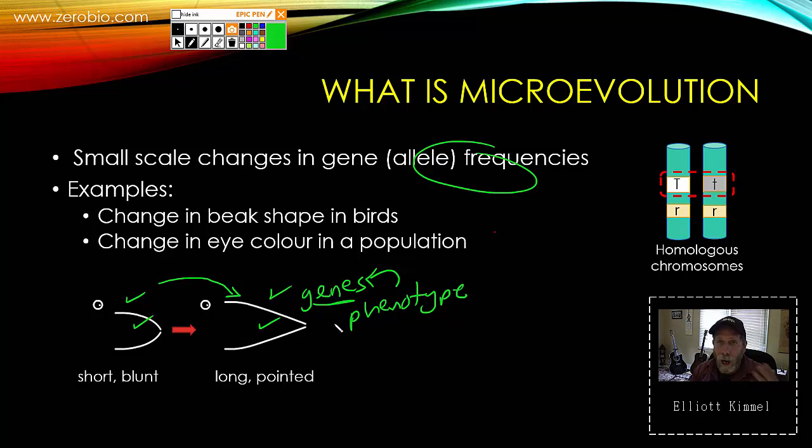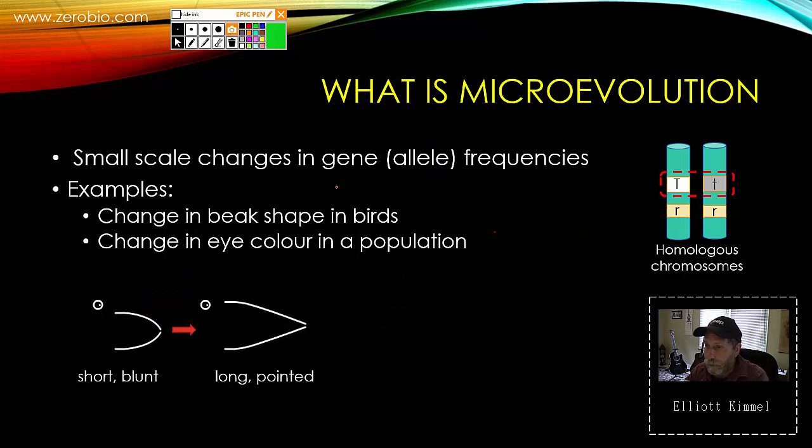Your height, your eye color, your skin pigmentation, your blood type, these are called phenotypes, expressions of the genes. The genes themselves are called your genotype. The genes that you have that code for traits, the genes are called the genotype. The expression of those genes, what those genes cause, is called phenotype.